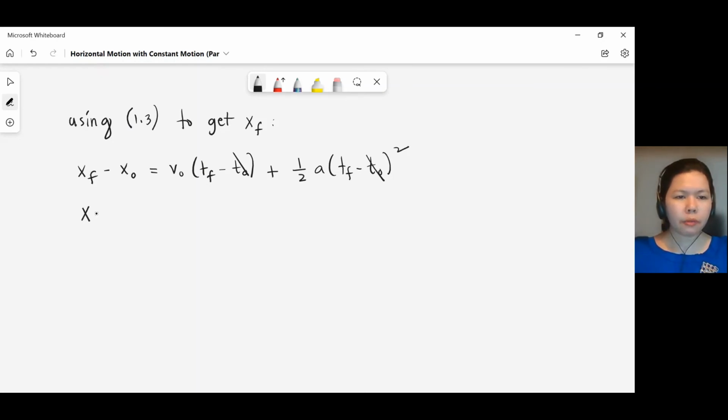And so XF is equal to, X naught goes to the right side of the equation, minus X naught becomes plus X naught. It's okay if you want to write a plus sign. X naught plus VO TF plus 1/2 A TF squared. Substituting the values, X naught is 4 meters.